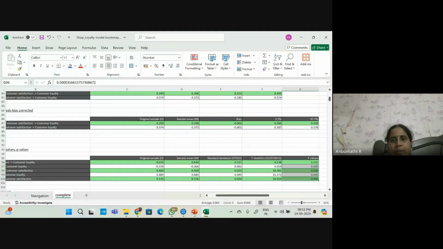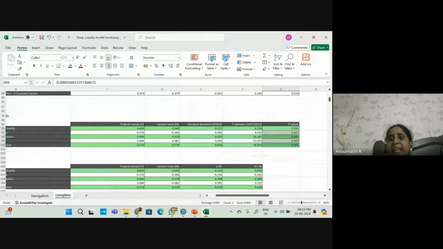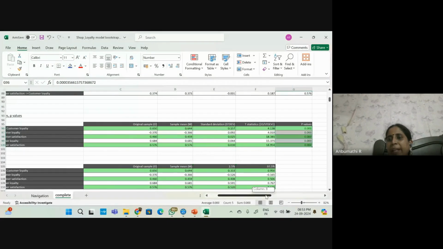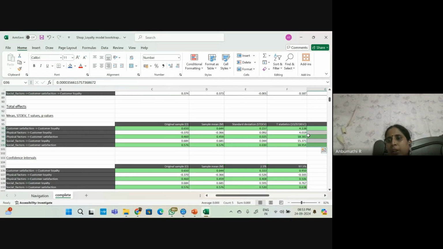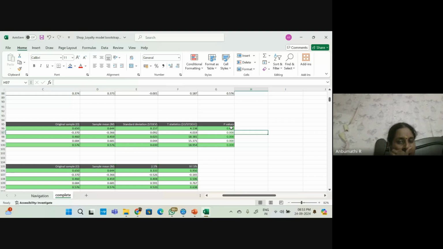So when you go to total effects and see the p-values, the p-values will tell you whether it is significant or not. A p-value of 0.000 tells you that all the paths are significant.